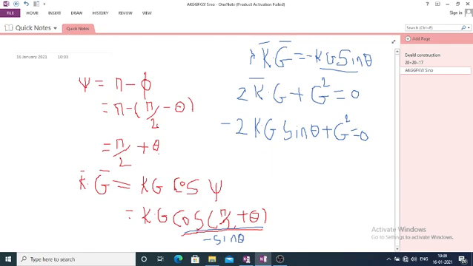So remember, here there is a g and there is a g, so one g will be cancelled. If you take the common g, it will cancel.